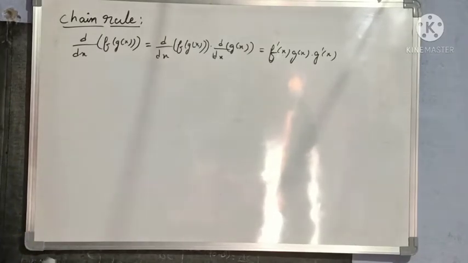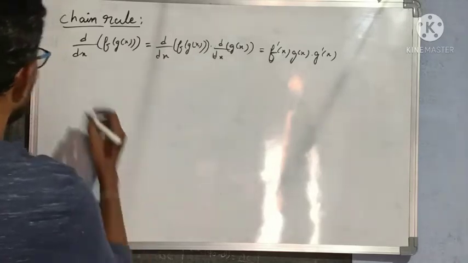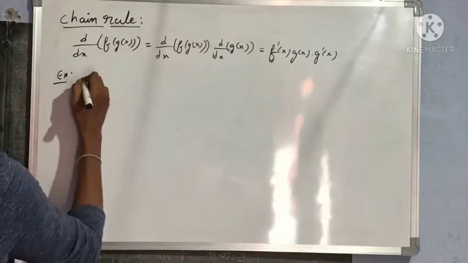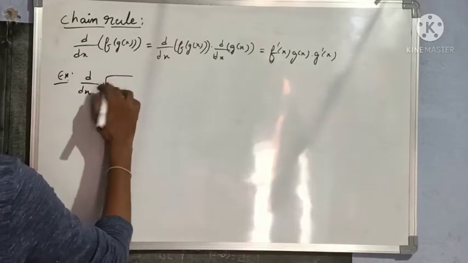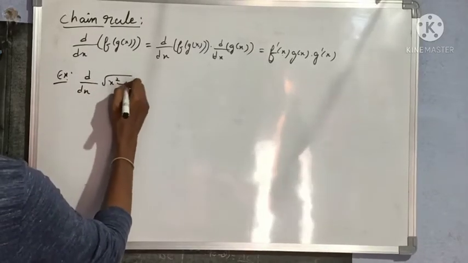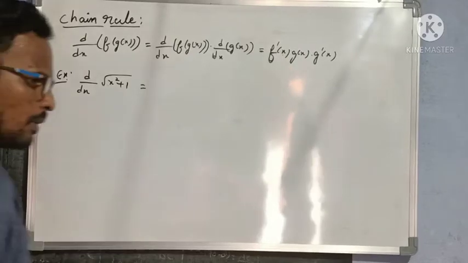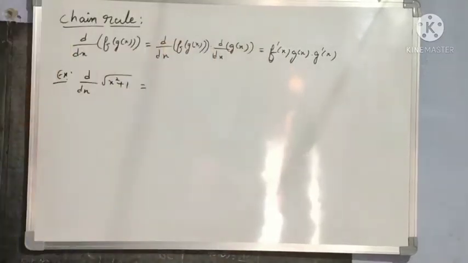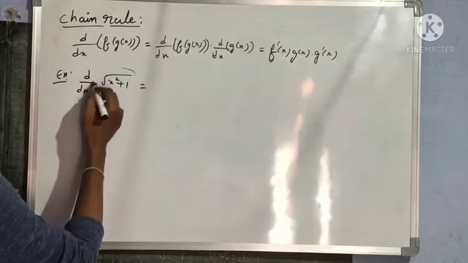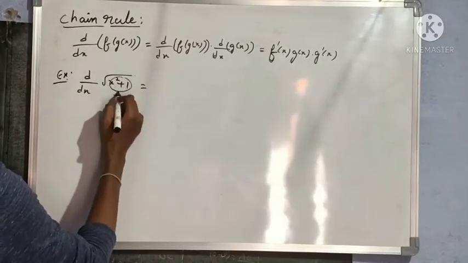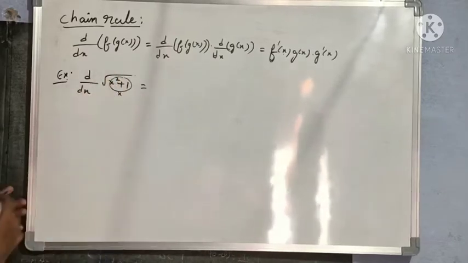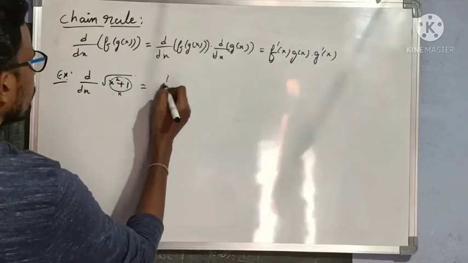So first example, d by dx of root of x square plus 1. Okay. So first, for applying chain rule, we have to differentiate the outer function. Suppose x square plus 1 completely you take as x, then this becomes d by dx of root x. What's the formula for d by dx of root x? 1 by 2 root x.